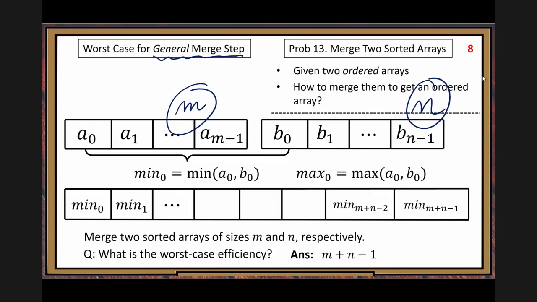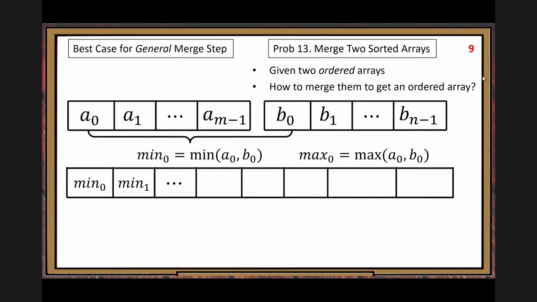That's the first case. Next, the best case. It won't be much harder, and the idea is also pretty simple. Look at this slide: the best case for the general merge step. This time, let's go to the extreme case in the other direction.